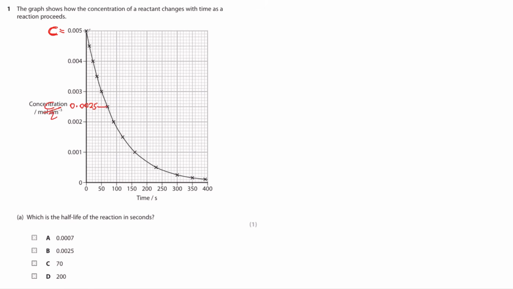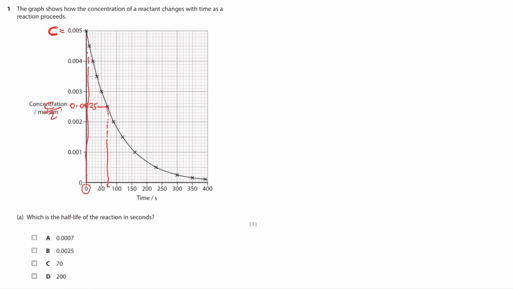So 0.005 starts at the time of 0 seconds, and when it becomes 0.0025, its time is somewhere here. We can see that one box is equal to 10, 50, 60, 70, 80, 90, 100.